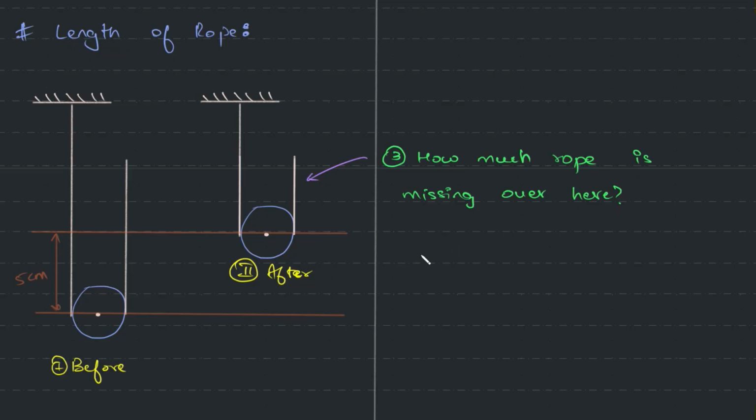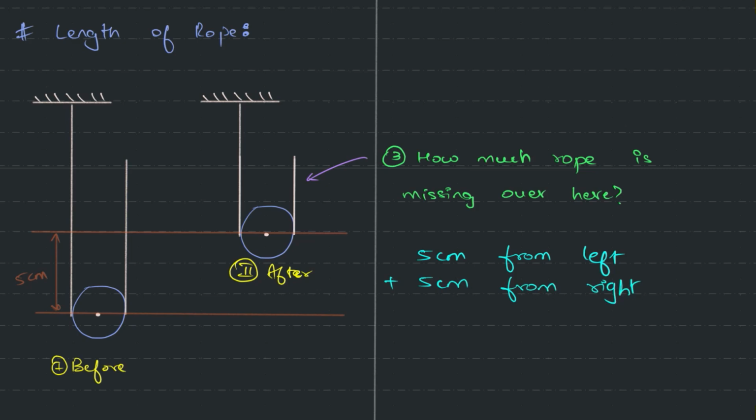Yes, it would be 5 centimeter. See, this is 5 centimeter. So basically from the left end, we are missing 5 centimeter. Then anything else? And again 5 centimeter from the right end.